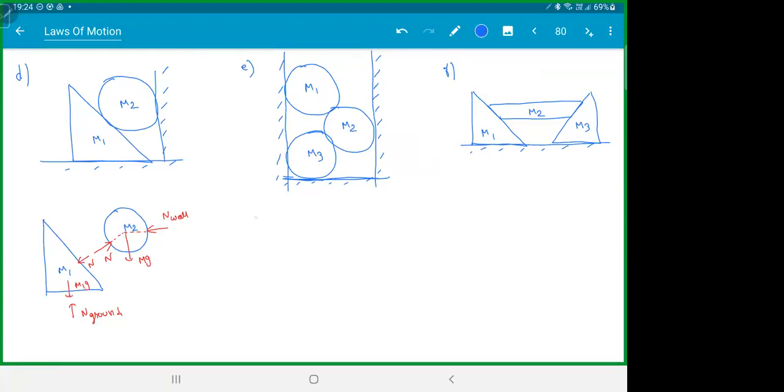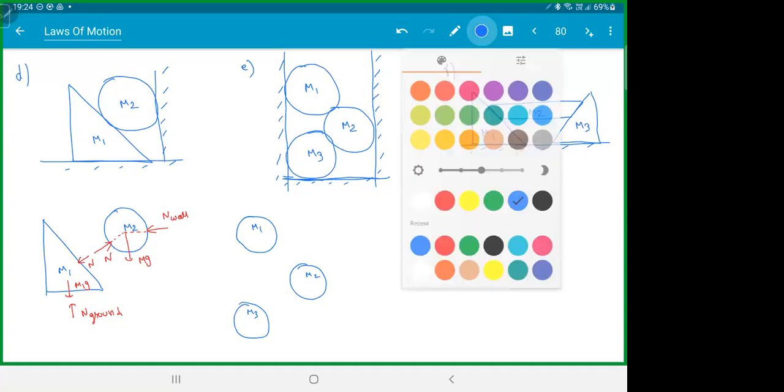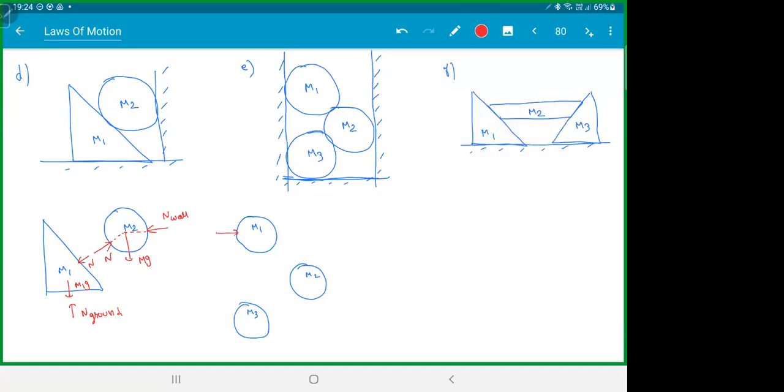Then this thing, M1, M2, M3. This is N1. I'll just call them N1. I'll call this N2.